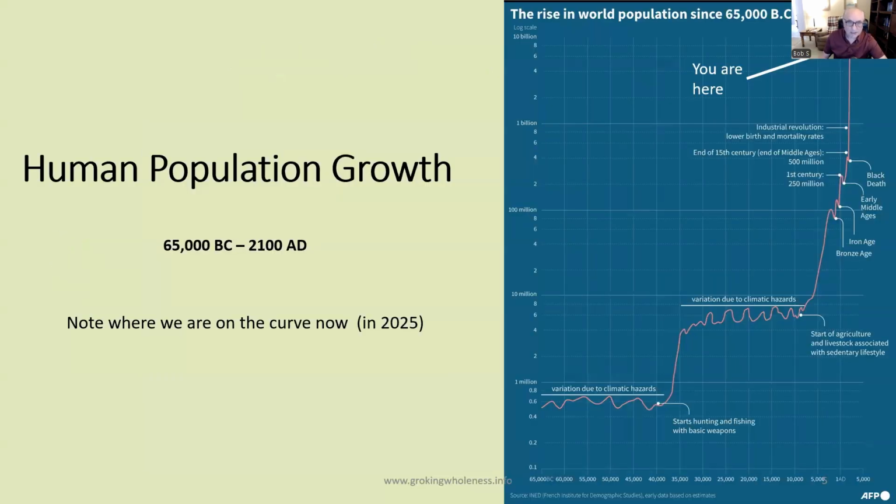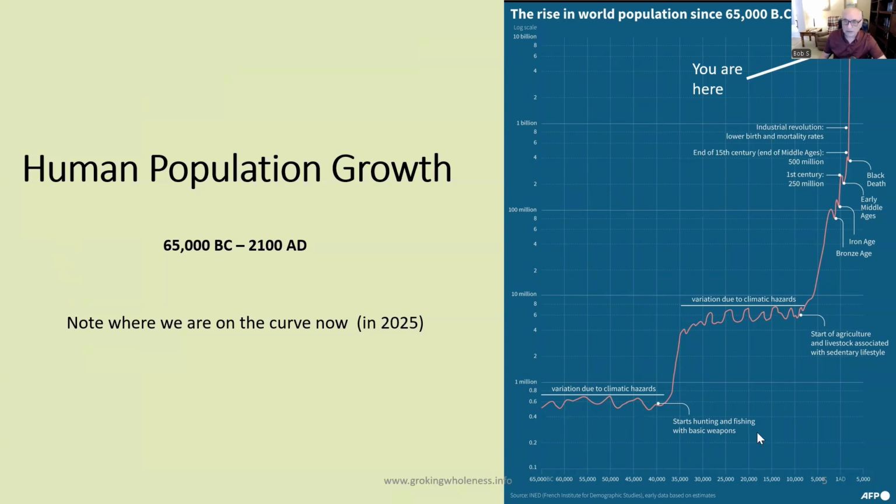Let's take a look at the human population growth on planet Earth for the last 67,000 years. From 65,000 BC all the way to 40,000 BC, we were basically hunter-gatherers and had very limited use of tools. The human population is estimated to be a little less than 1 million worldwide.